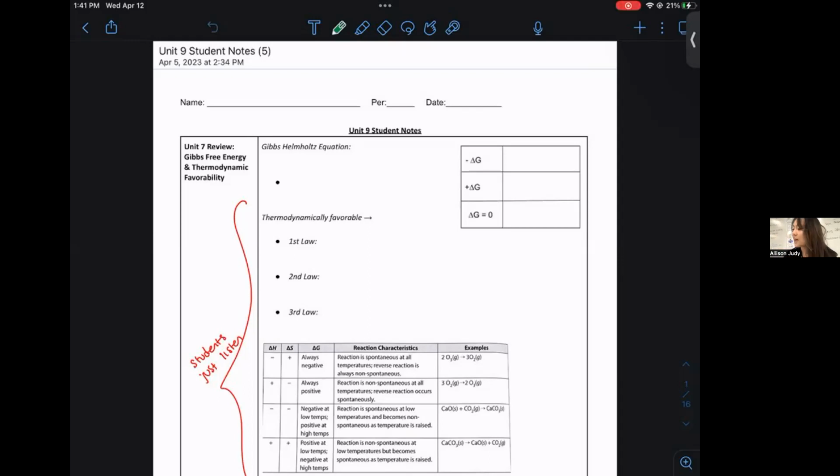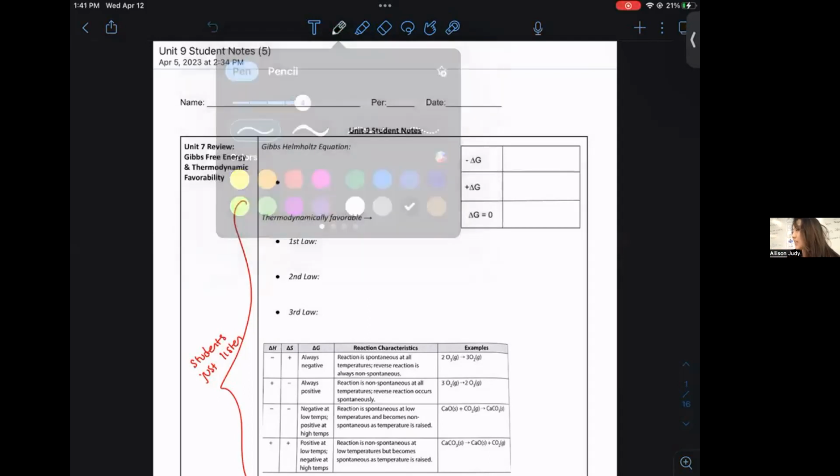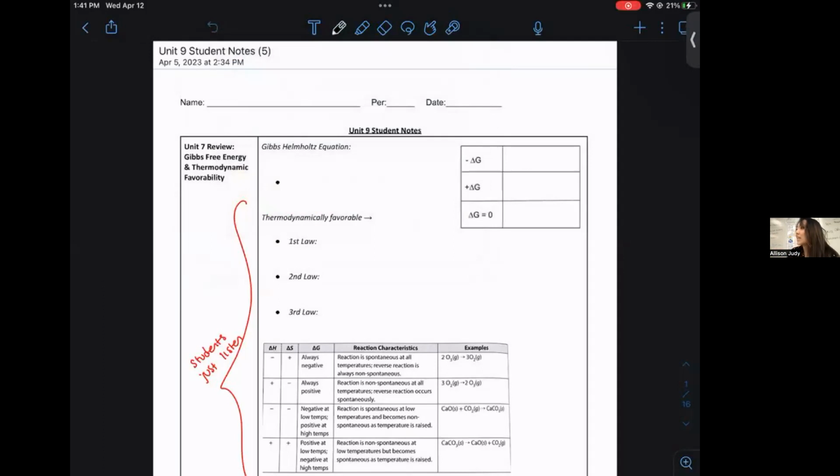We learned in unit 7 that Gibbs free energy is basically a non-real energy that we use that relates enthalpy and entropy to predict the spontaneity, the natural occurrence, the favorability of a reaction in the universe.